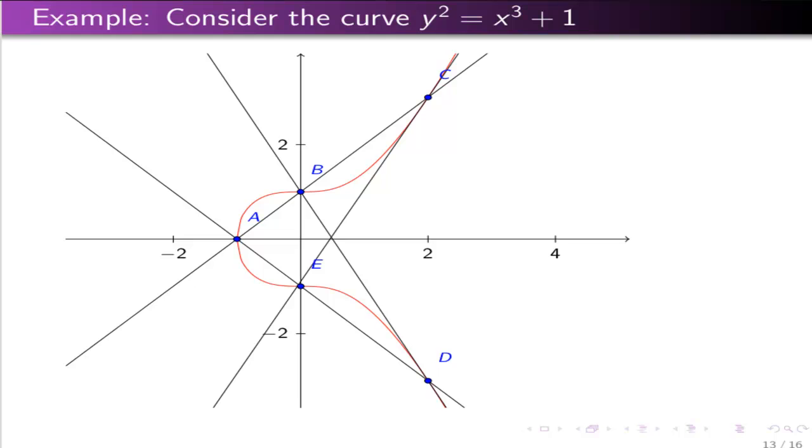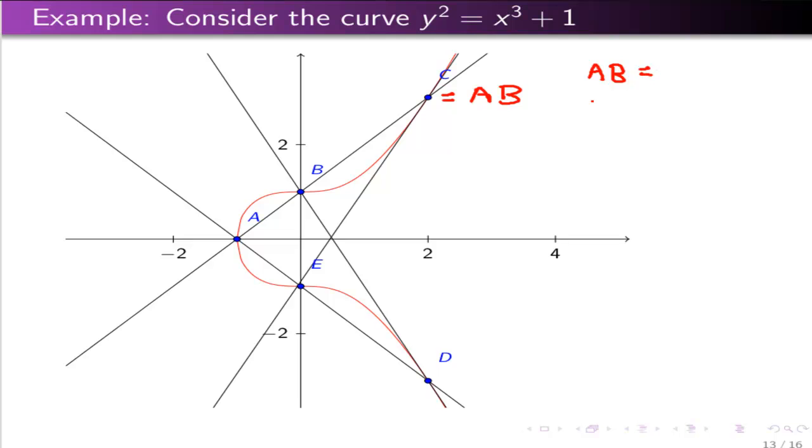All right, let's look at this example again, y squared equals x cubed plus 1, and just show you how this notation works. So the point C is the same as AB. Okay, so let's go ahead and you can work these out.